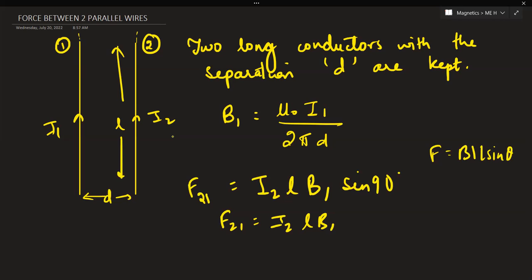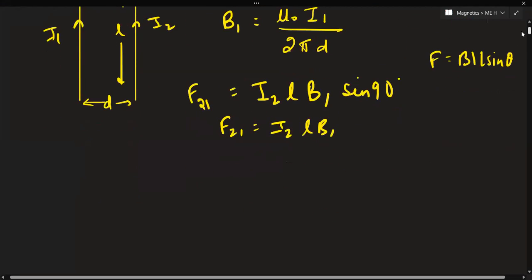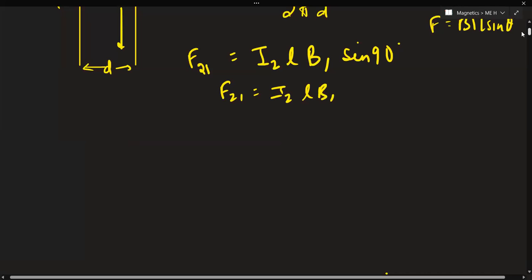Here the difference that comes in two conductors is that the magnetic field is of the first one. It is not B2; it is I2, L and B1. We do not write B2 because it's the force occurring on the second conductor because of the magnetic field of the first. So you will write F21 is equal to I2 L B1. The magnetic field is of the first conductor. Now just put in the value.